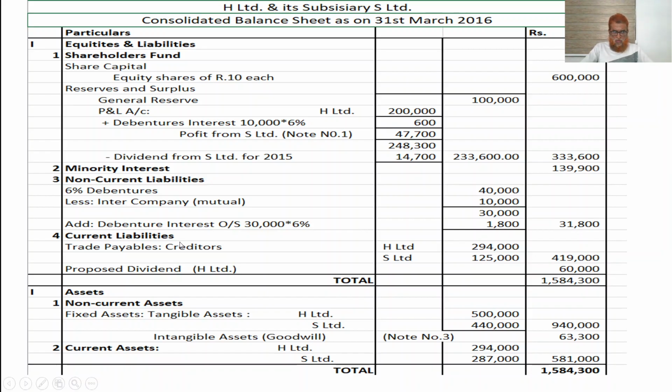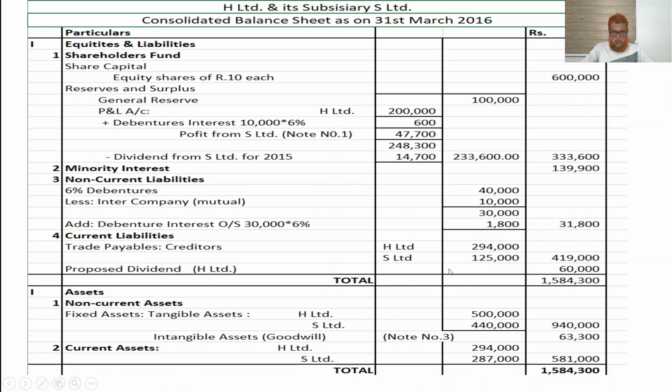Now we have current liabilities as given in the balance sheet, H Limited and S Limited. Just look at the problem. In the balance sheet, you have creditors of H Limited 2,94,000, S Limited 1,25,000, 4,19,000. There is no intercompany.